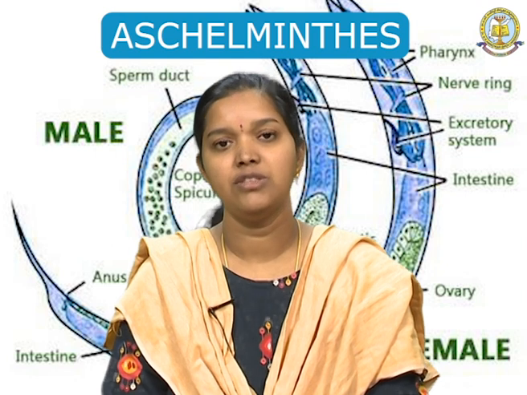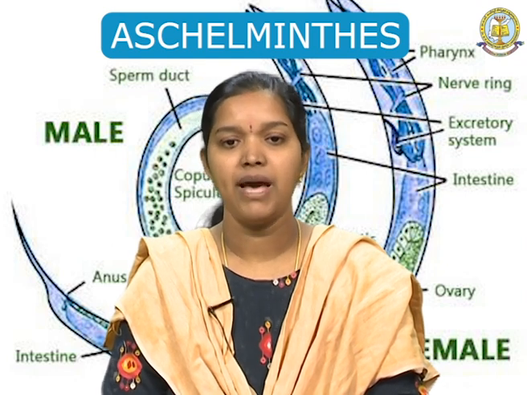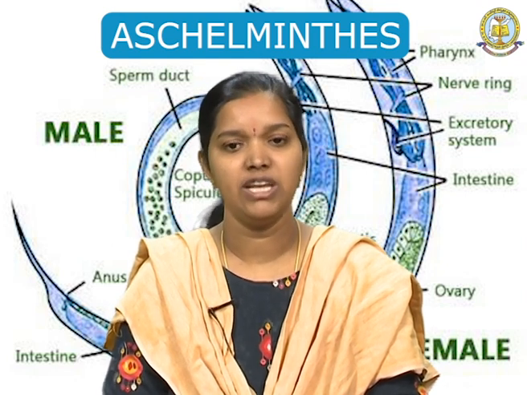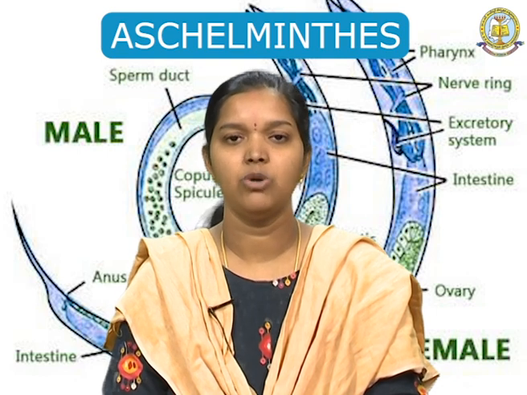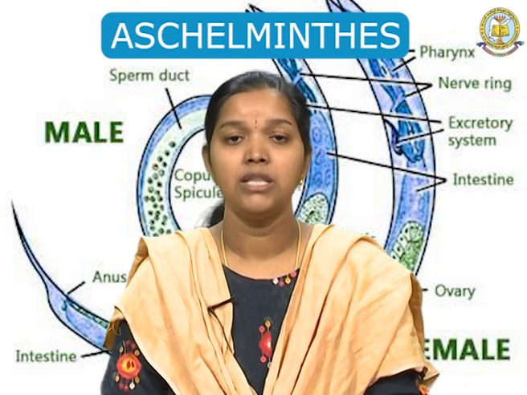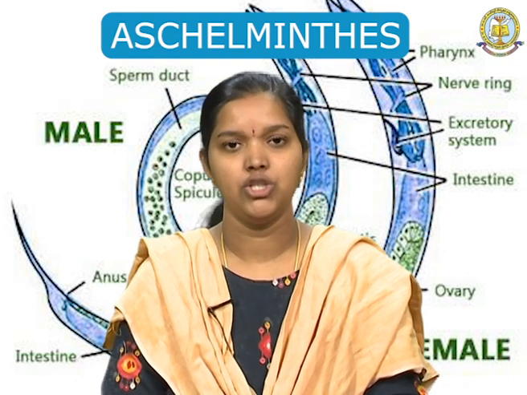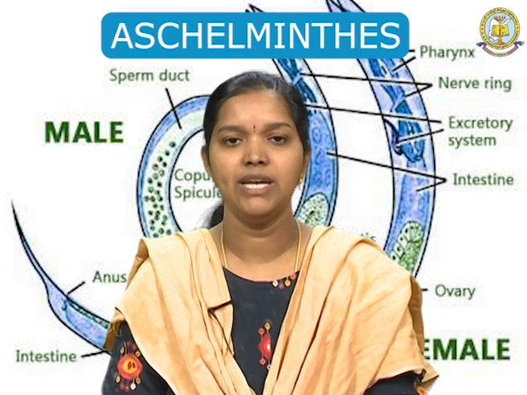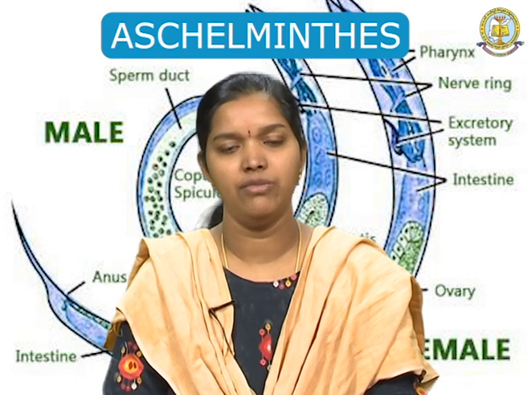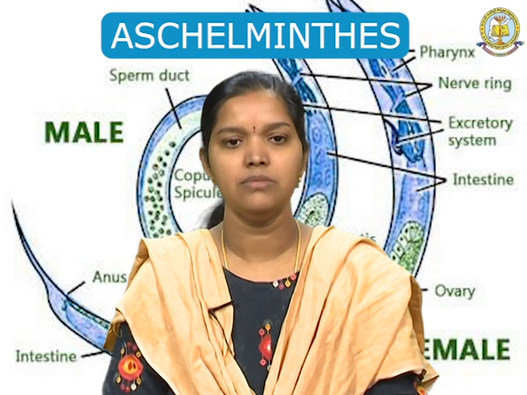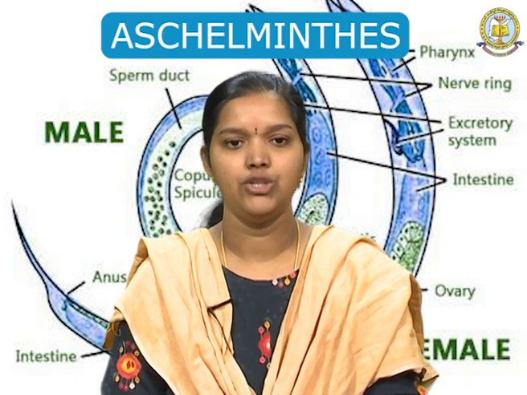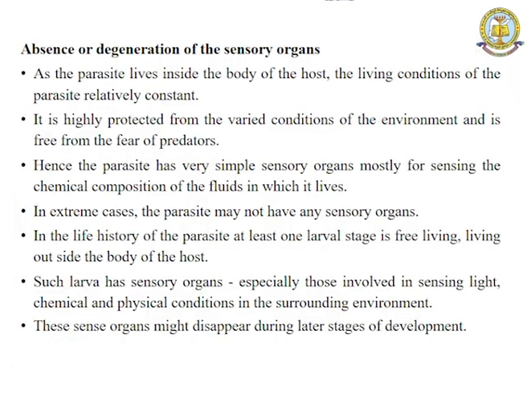If this is not happening, the parasite has to spend a lot of energy for maintaining the osmotic pressure of its body. Therefore, the parasite usually adapts itself to the osmotic pressure of the host.